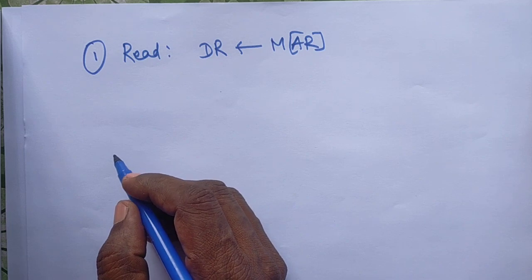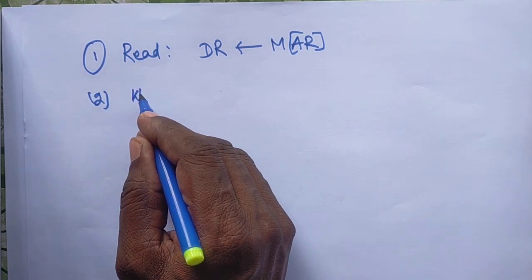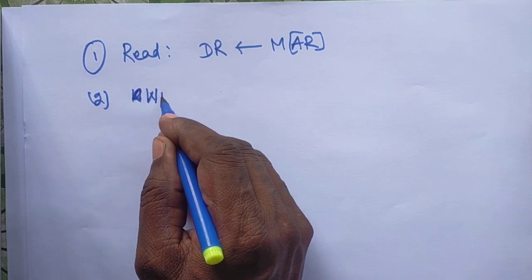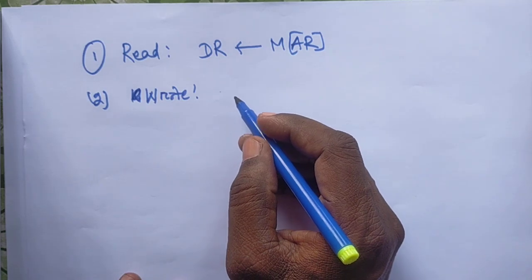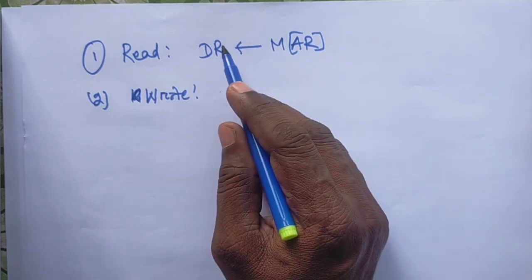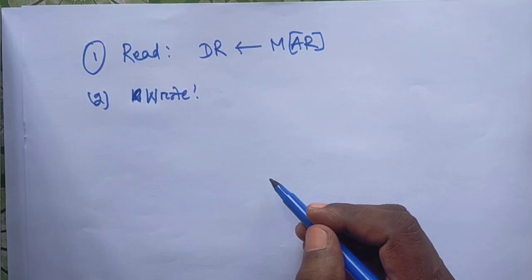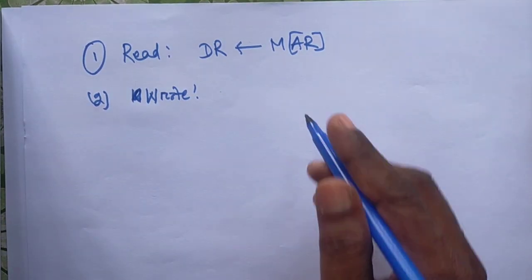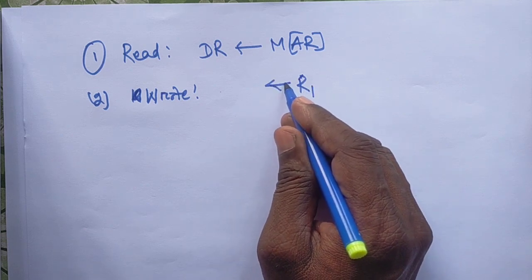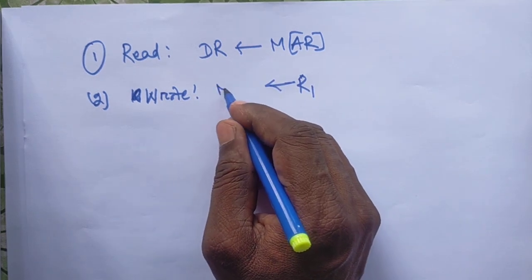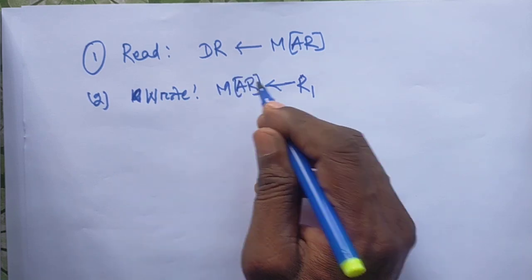And if we go through the write operation, what will we do? Data transfer from memory to the data register is read, but the reverse case is used here: some register has data, and we write the data from the register to memory, into the location selected by the address register.